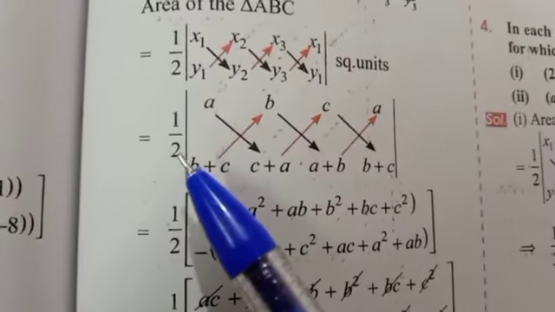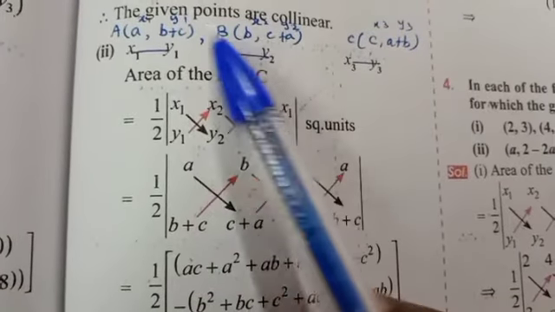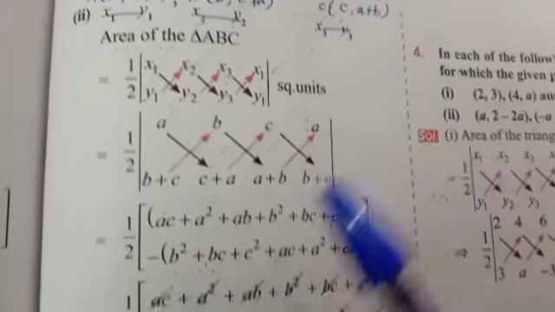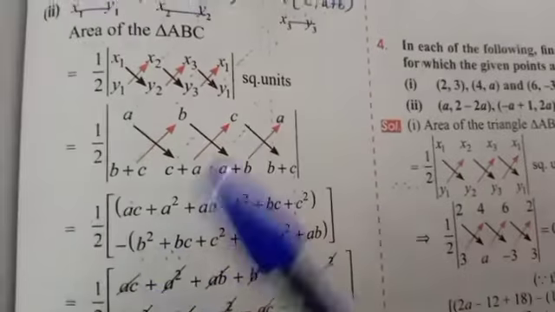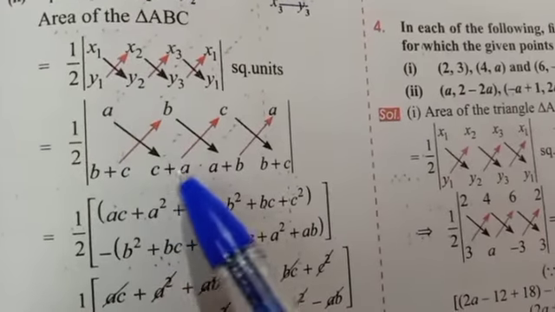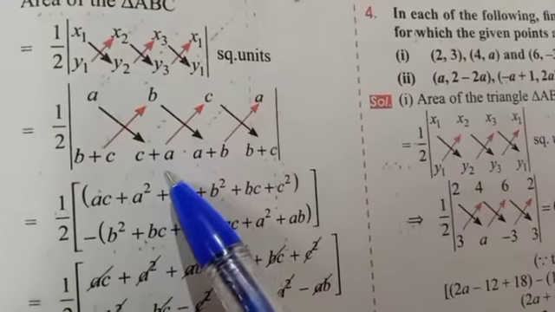After that, write the given values x1, x2, x3, then y1, y2, y3, and substitute them in the formula. Then make the multiplication: 1 by 2 into a multiplied with (c + a). Directly multiply: that is ac plus a square.